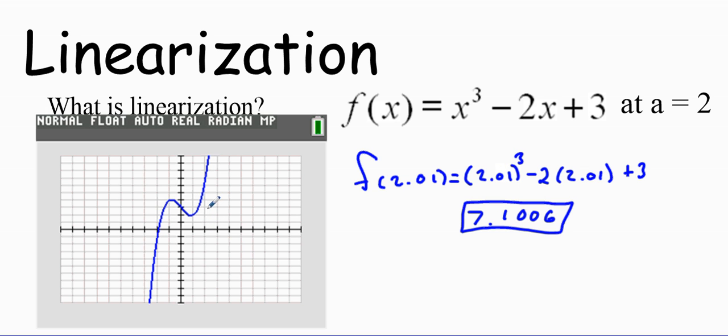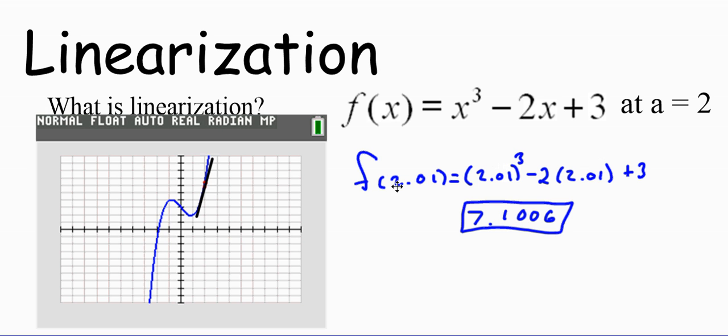So 2.01 is roughly about right there, and it's very close to 2, where you can see the value is 7. If I would draw a tangent line, just a line segment, hopefully you'll notice that the values on this tangent line near the point of tangency are around 2.01.